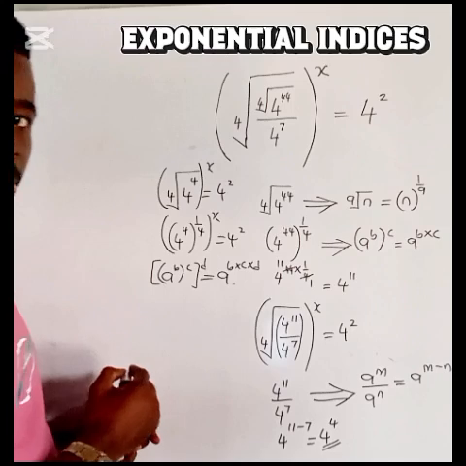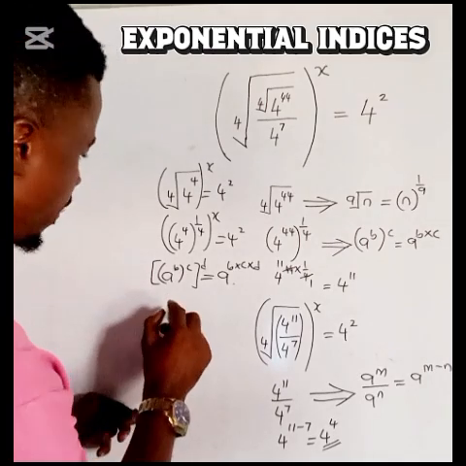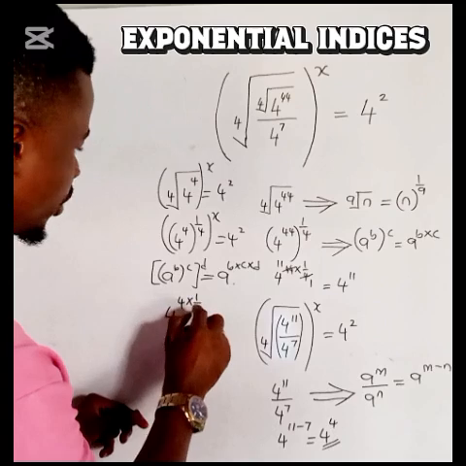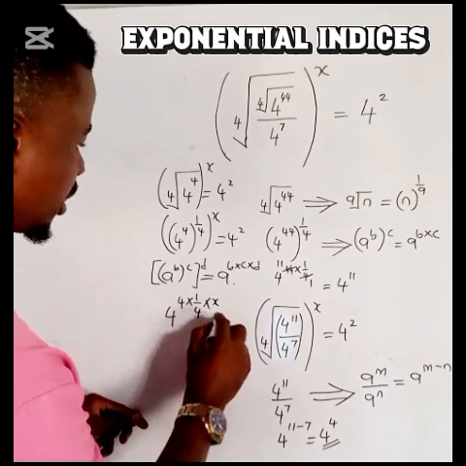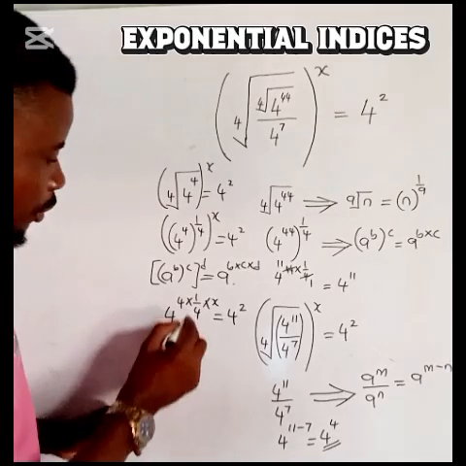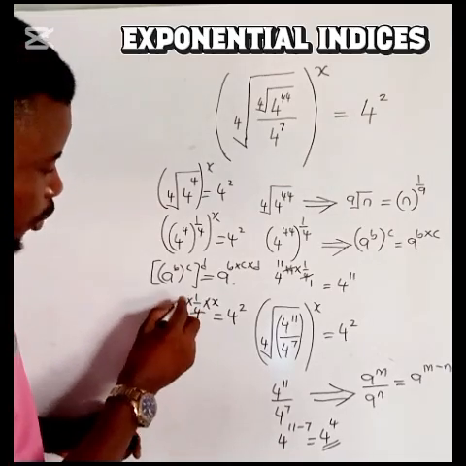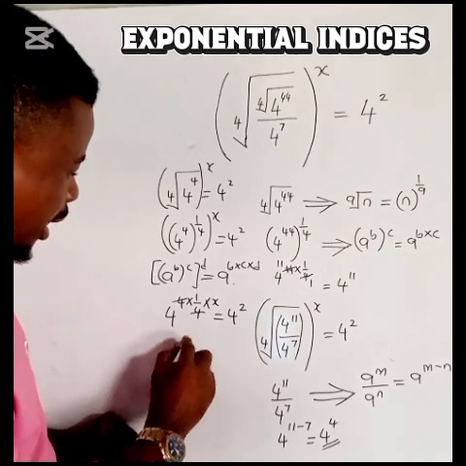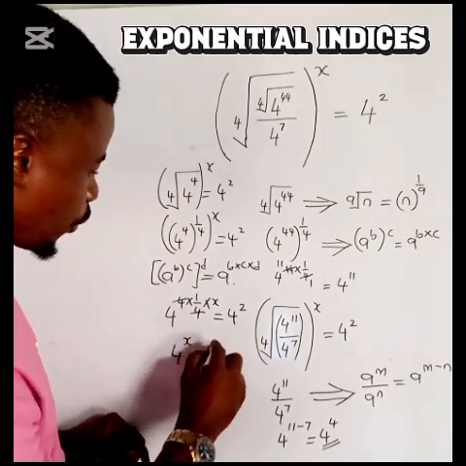It becomes 4 raised to power 4 times 1 over 4 times x is equal to 4 squared. If you do this multiplication, 4 and 4 cancel, and we are left with x. So 4 raised to power x is equal to 4 squared.